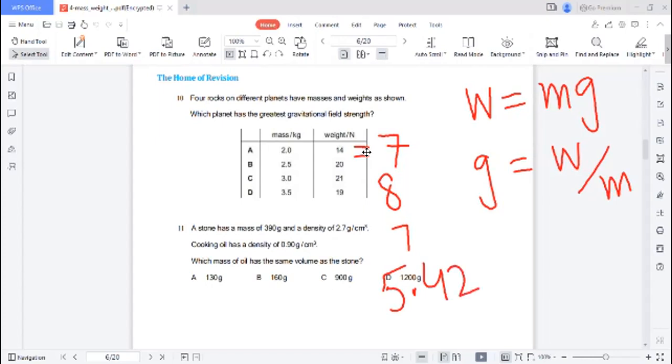So this is the gravitational field strength. You can see in case of A and C has kind of similar gravitational field strength. It means in both cases, the planets look similar. So B has the greatest gravitational field strength, which is 8.